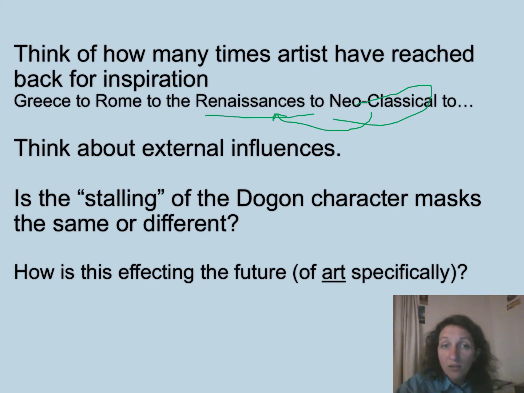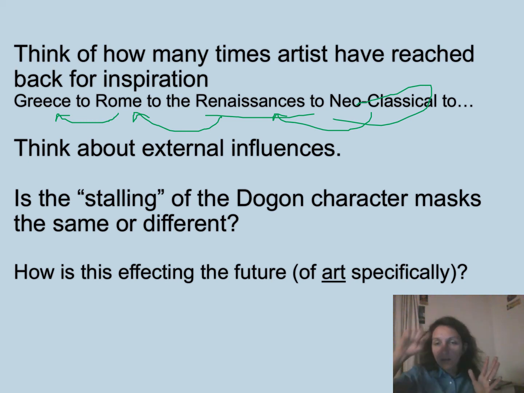And when the Renaissance was happening, we learned that it was drawing from Rome, and how Rome saw themselves as the inheritor of the Greek art tradition. So there's always this reaching back that's happening. And I had that graph that I drew on the board once upon a time, back when we learned about the Jomon culture.